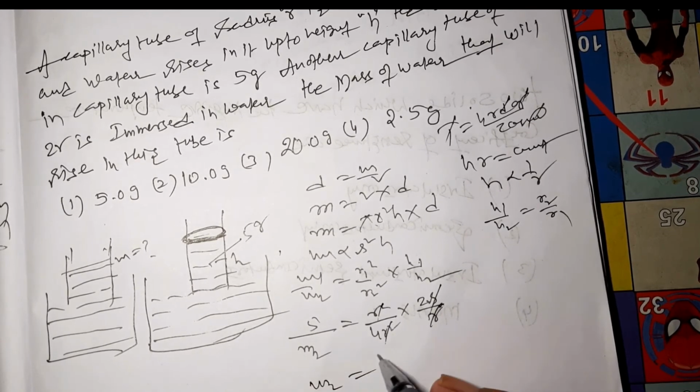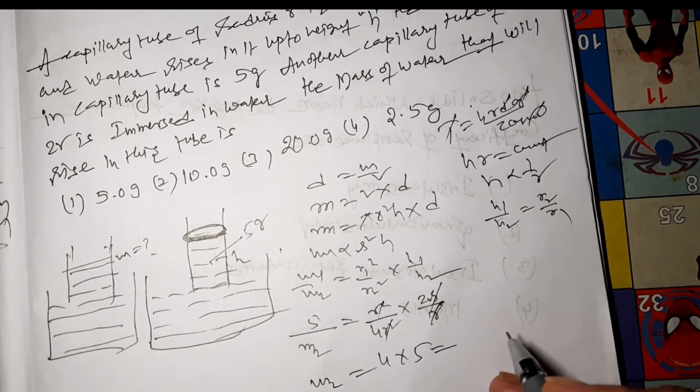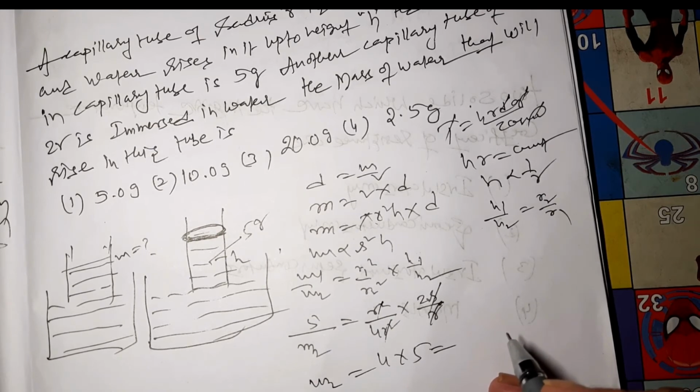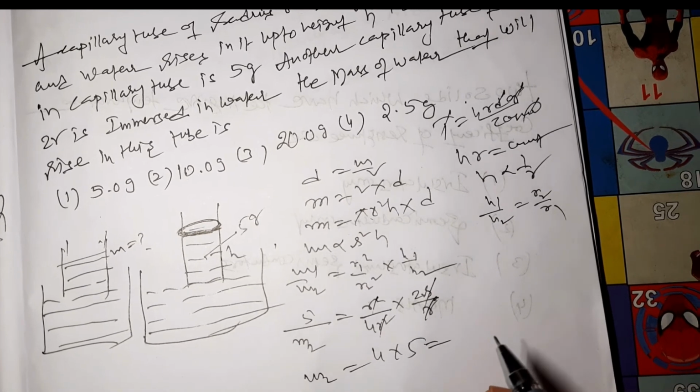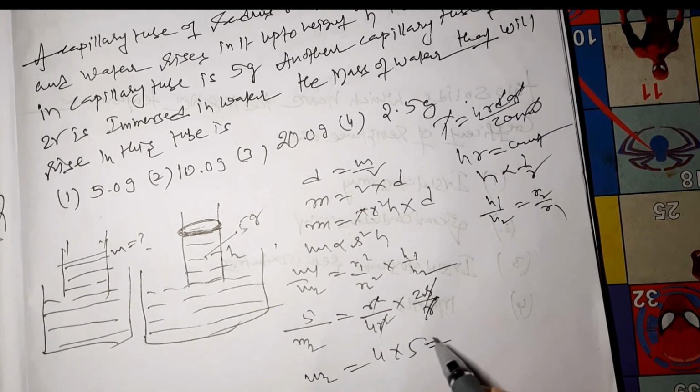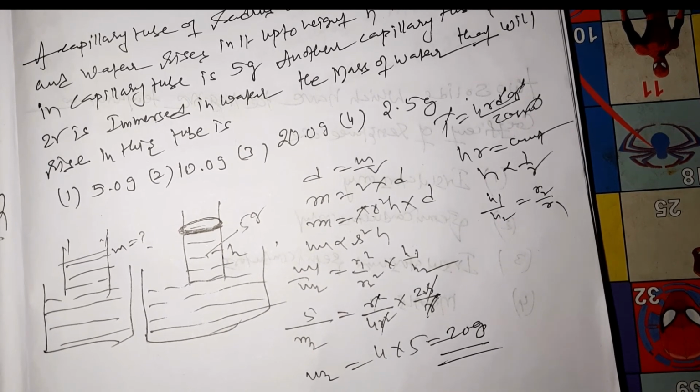M2 is equal to 4 into 5, that is equal to 20 grams.